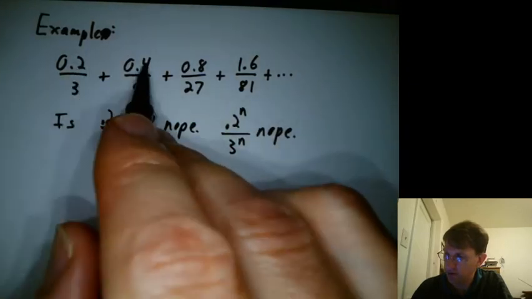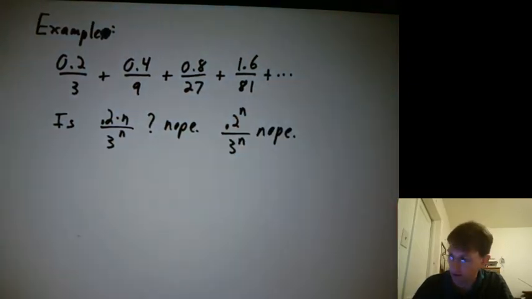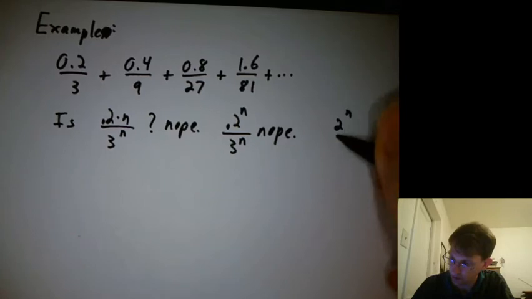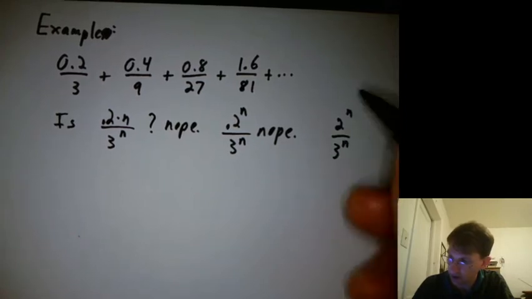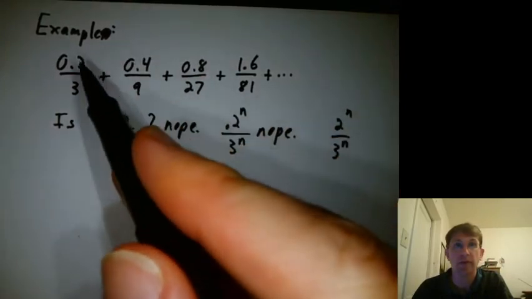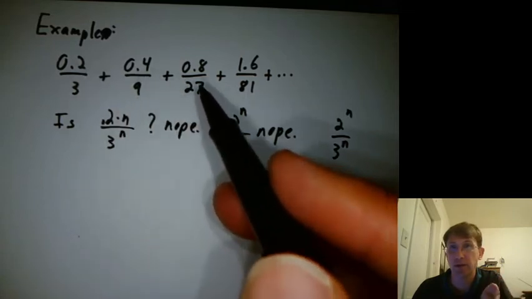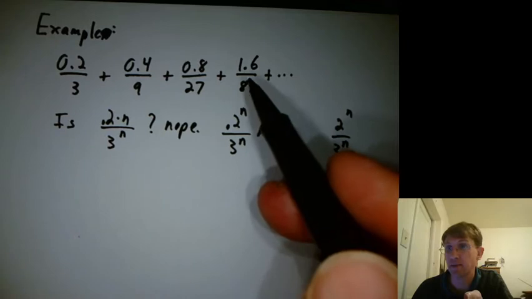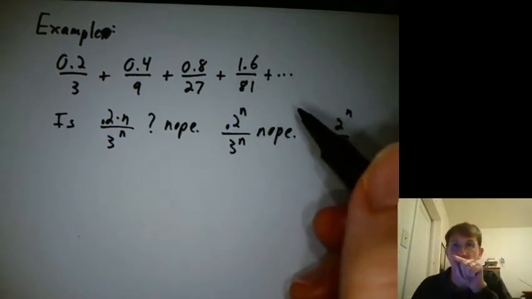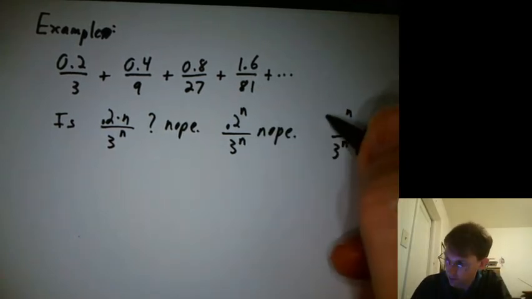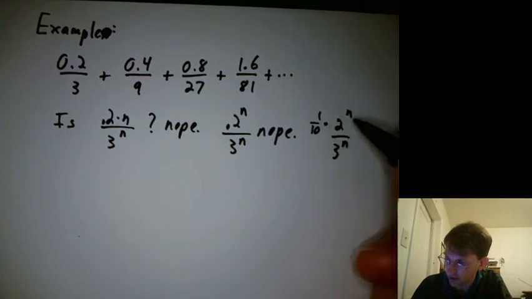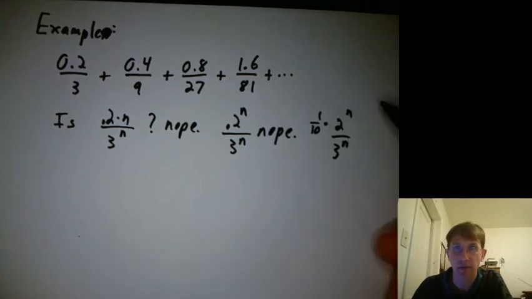If this was just 2, 4, 8, 16, that would be 2 to the n. So we could write 2 to the n over 3 to the n. But this is 1/10 as big as 2, 1/10 as big as 4, 1/10 as big as 8, and 1/10 as big as 16. It's like we just moved the decimal place over one. So we could say it's 1/10 times 2 to the n.